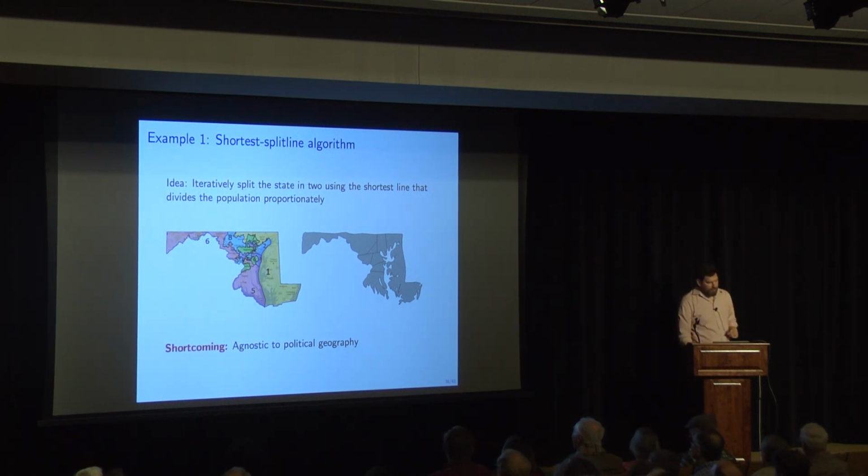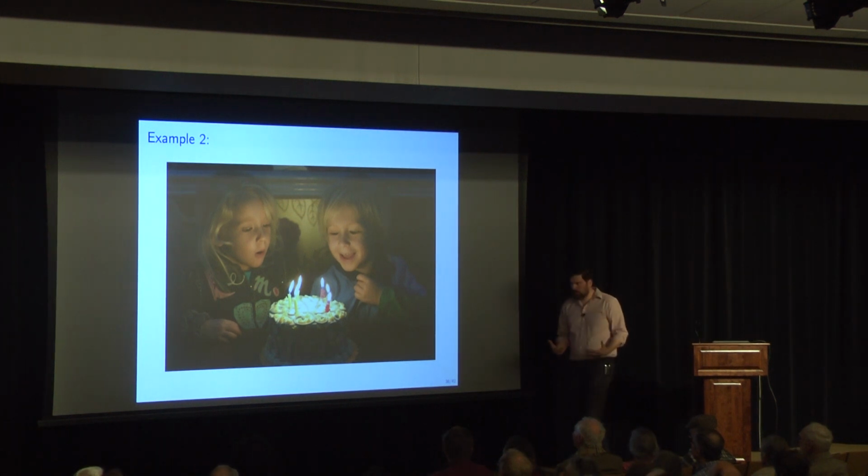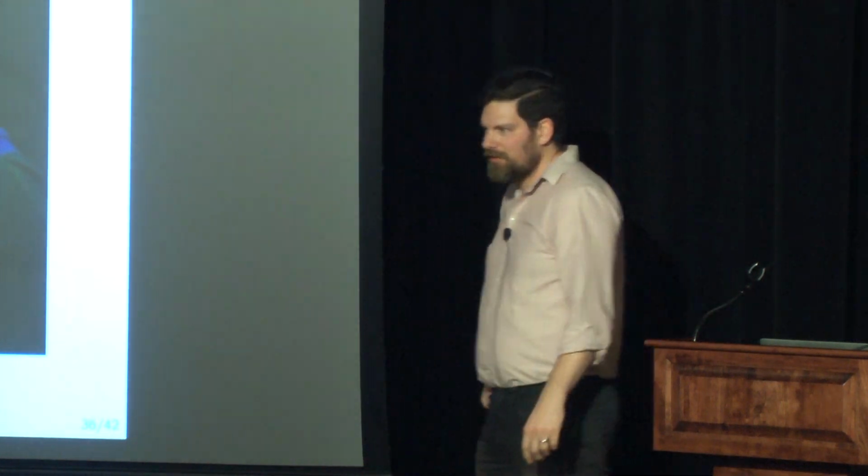So that's the first example. For the second example, I need you to think creatively with me. Imagine that you find yourself in charge of these two kids. And despite appearances, these are brats. There's some cake in front of them.